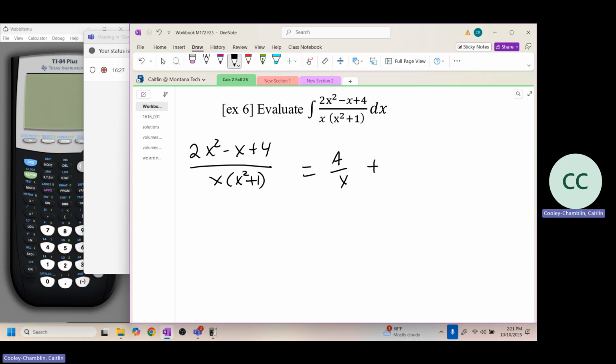Plus, what we need is, because notice that this is a linear term and on top it's just a constant.